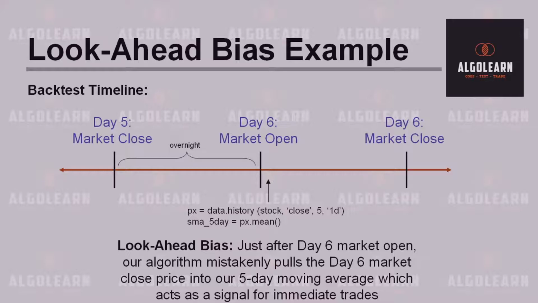And so at that point, the data got ahead of the algorithm. It got ahead of the algorithm and it tainted our 5-day moving average. And that's look ahead bias. Okay, so lots of different ways to solve for that, but that's something that you really need to be aware of.